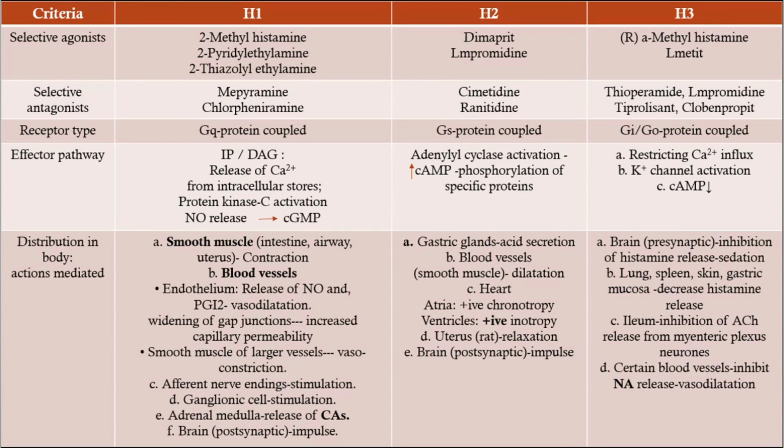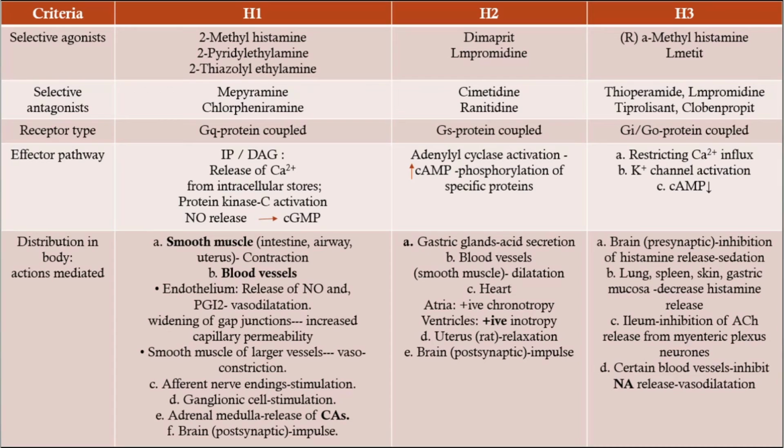Right? Ultimately, let's take an example, that is a bee bite. Whenever a bee or a mosquito bites, what will happen? There is release of histamine. This histamine will cause vasodilation. Then after widening of gap junction in blood vessels, the permeability of capillary is increased and a large amount of fluid will come out from that area, and ultimately there is accumulation of fluid.